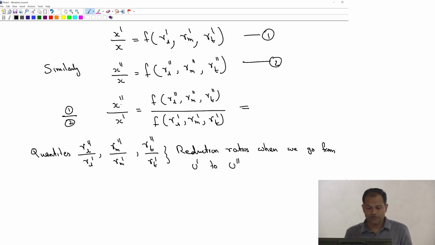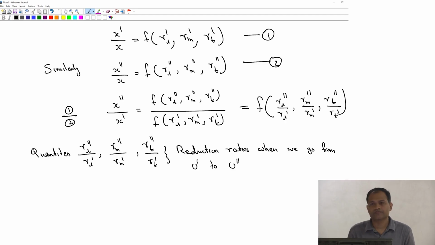which is, if I am talking about x double prime by x prime, that is also a function of RL double prime by RL prime, RM double prime by RM prime, RT double prime divided by RT prime. Do you agree? What have I written really?